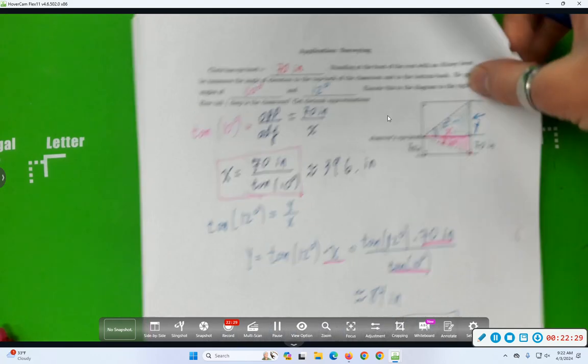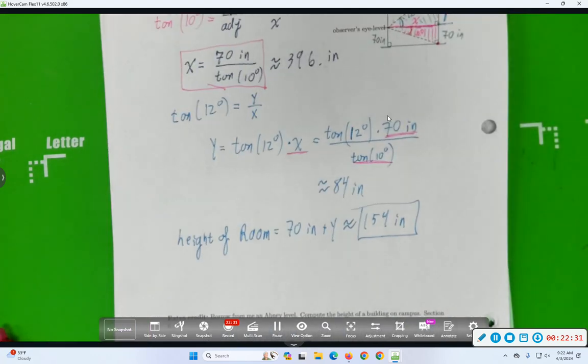So I think this is reporting an answer of 154 inches. And I don't know, if I'm about 6 foot or 72 inches, does that seem not unreasonable? Classroom's a little bit more than double my height.